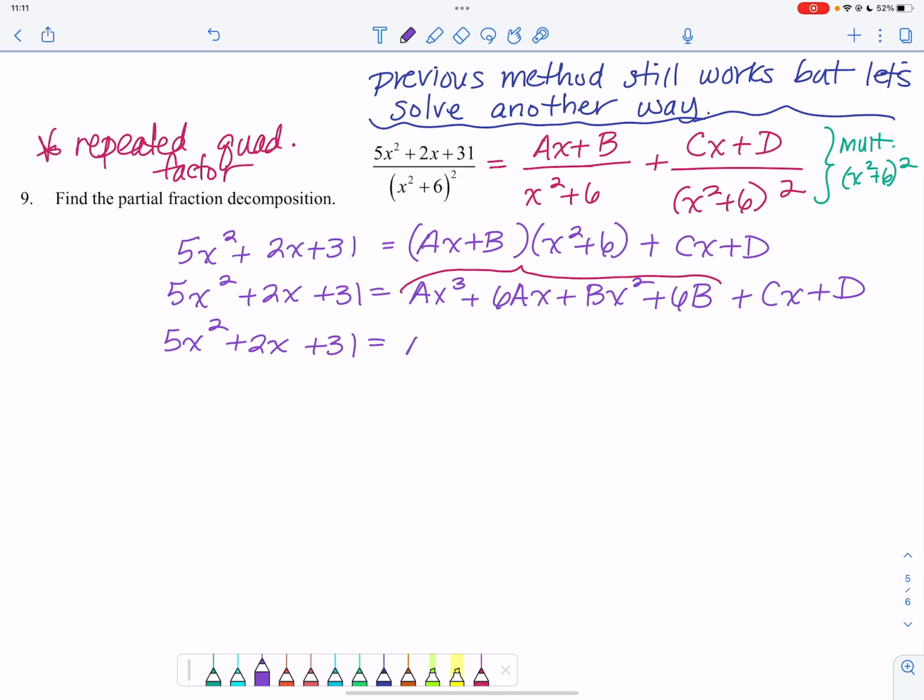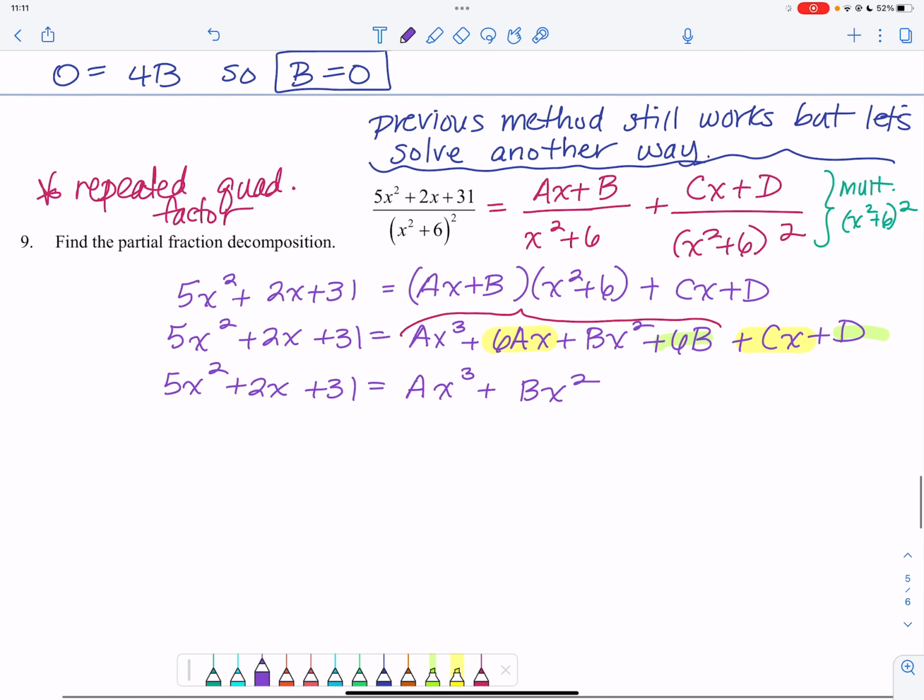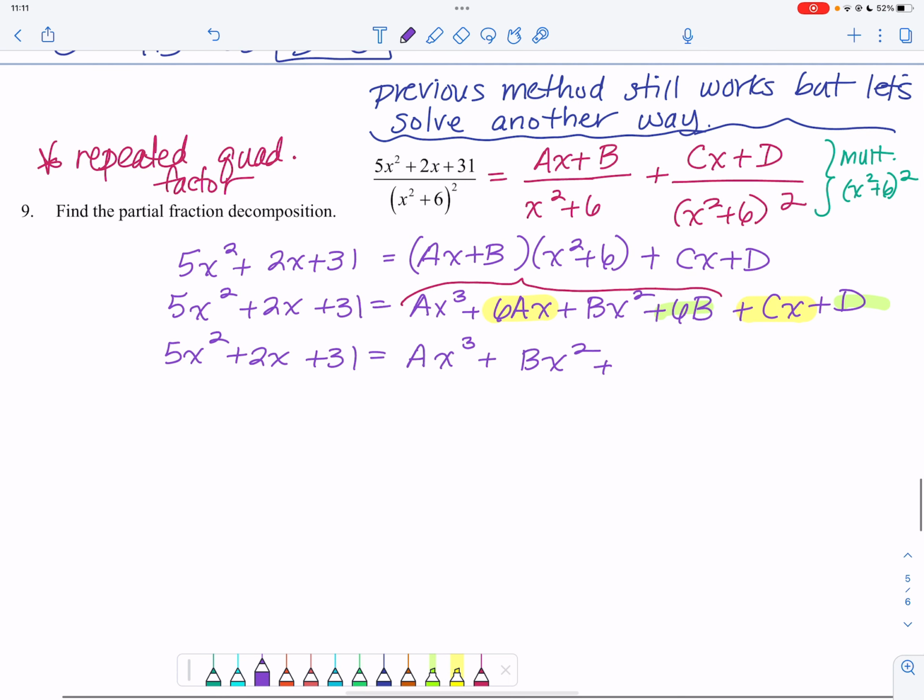Okay, so we only have one cube term. And we only have one squared term. Our x terms are here. And our constants are here. So with that, let's put in parentheses 6a plus c, and that's our x term.